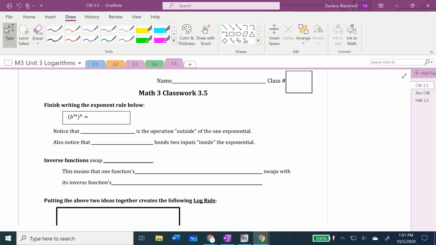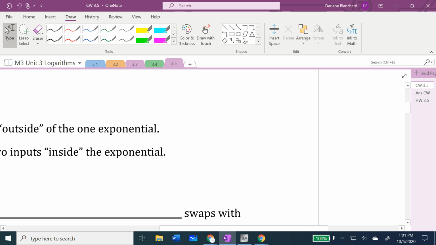An old exponent rule. If you have b to the power of m to the power of n, can you tell me in Google Chat what that is? I'm looking in Google Chat. Yes.